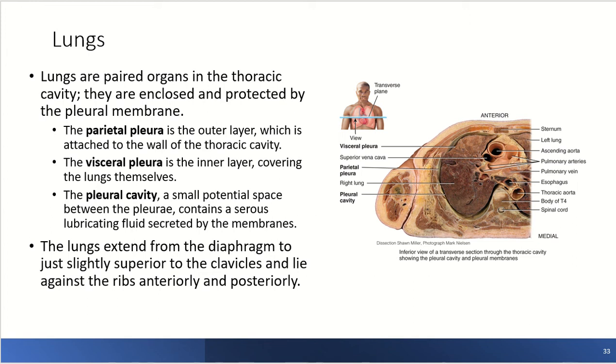The pleural cavity is a small potential space between those two layers of pleura, and it contains serous lubricating fluid secreted by those membranes. The lungs extend from the diaphragm up to just slightly superior to the clavicle, and they lie against the ribs anteriorly and posteriorly.